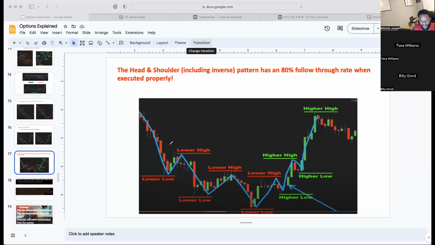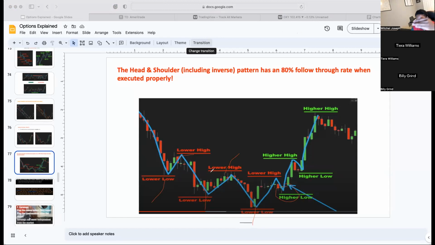So what's beautiful is that the head and shoulders forms because the stock fails to make a lower low.